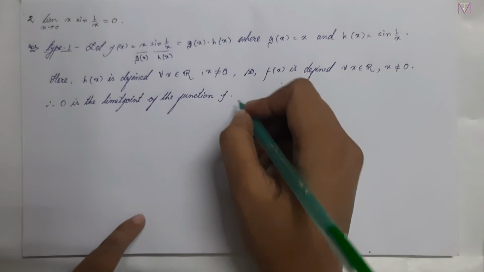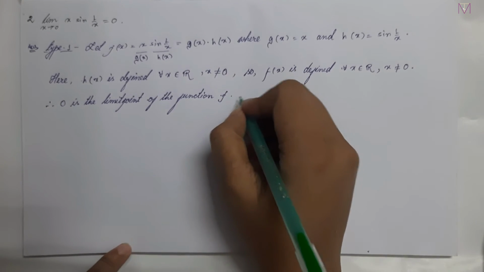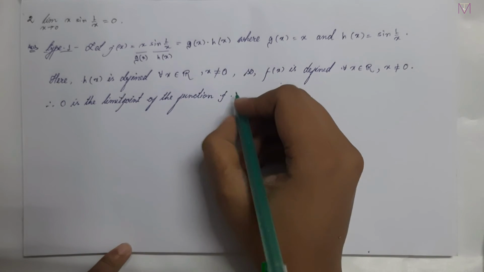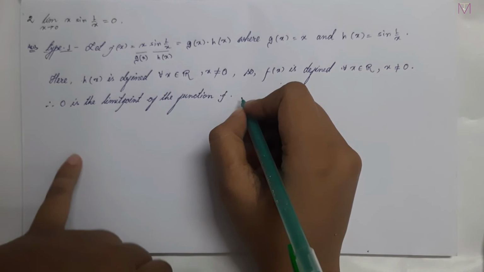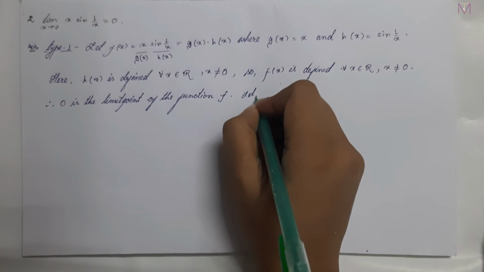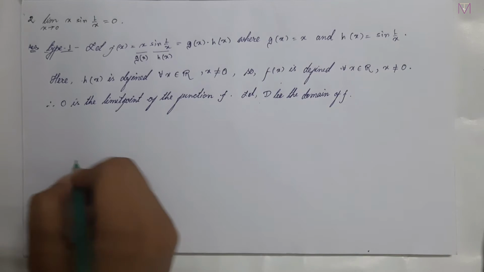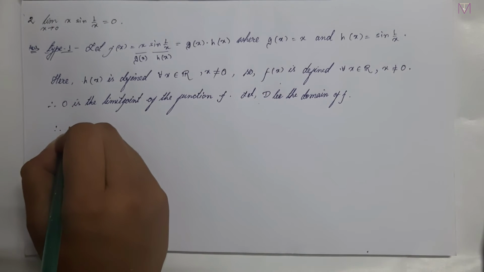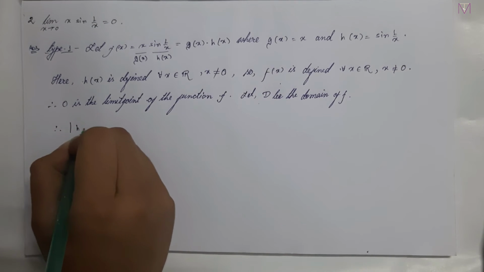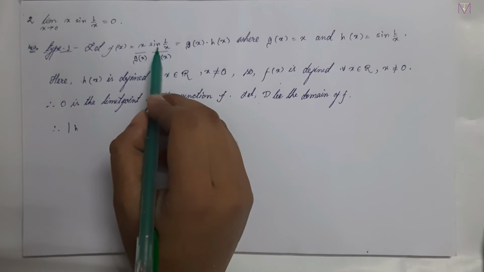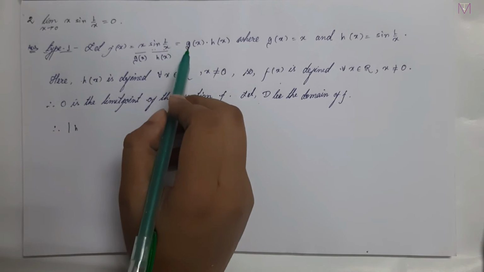Now let D be the domain of the function f(x). What is the domain? R minus 0. Now we have to prove h(x) minus 0, here sin 1 by x minus 0.